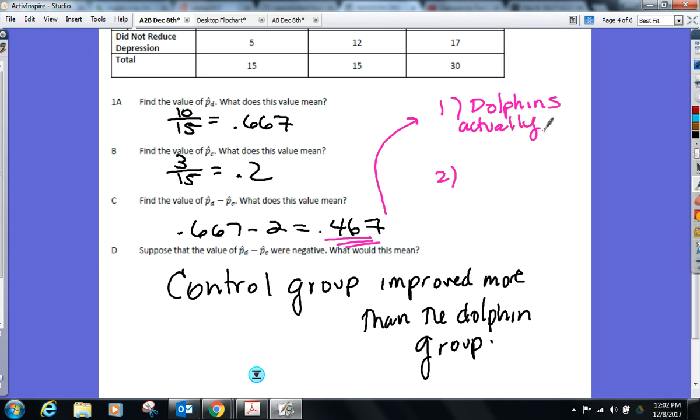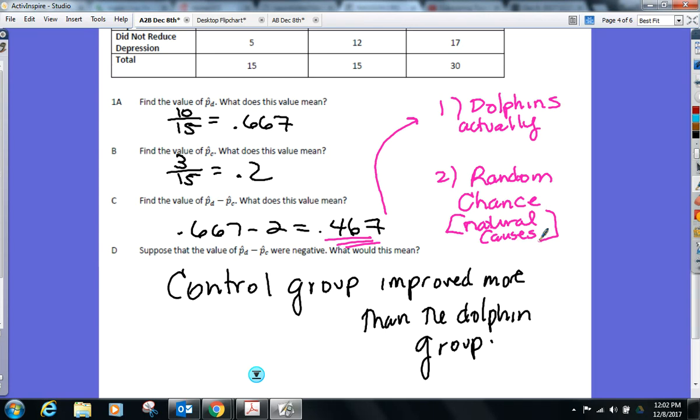Or, what did we say before? It's just by random chance. And that's that natural causes I referred to at the beginning of class. Had nothing to do with the dolphins. It was just totally by chance.